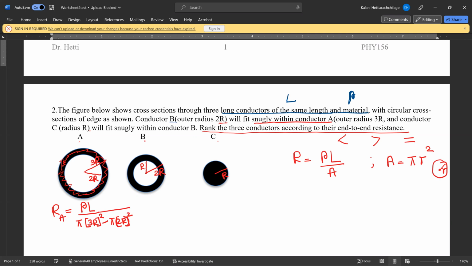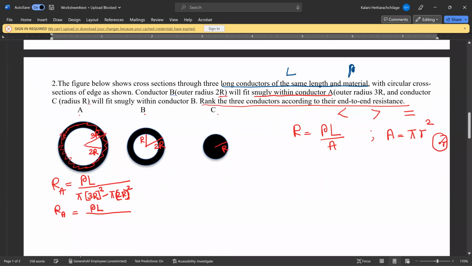All are in the denominator, right? After you do that, you can simplify it here. R_A, rho L is there, but in the denominator I have pi times 9r squared minus pi times 4r squared. So that will give you the result for A.